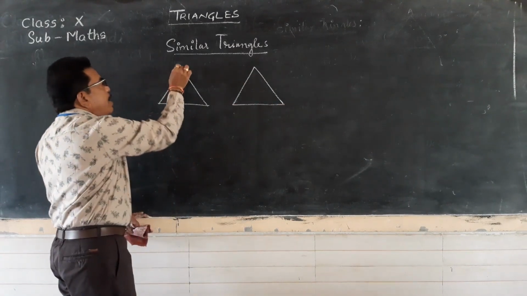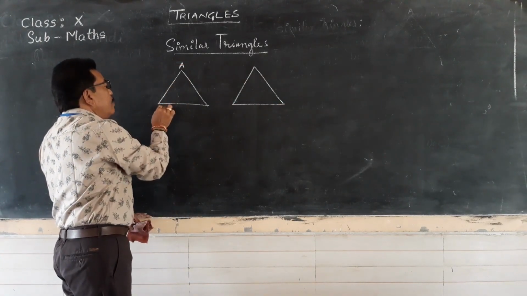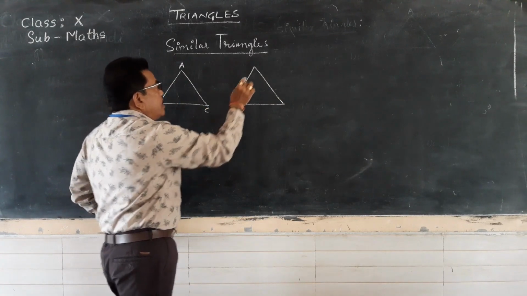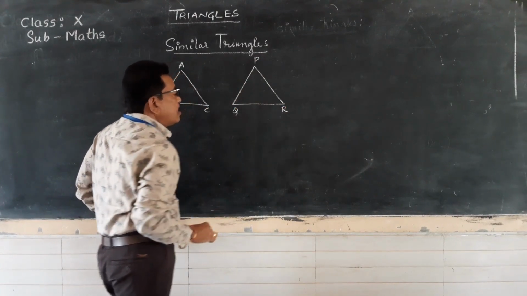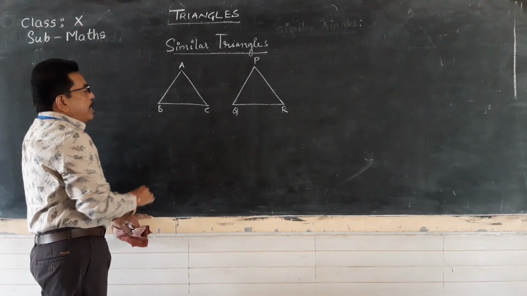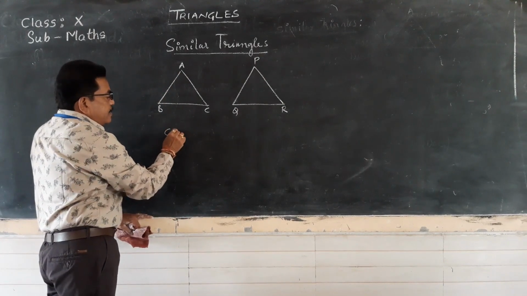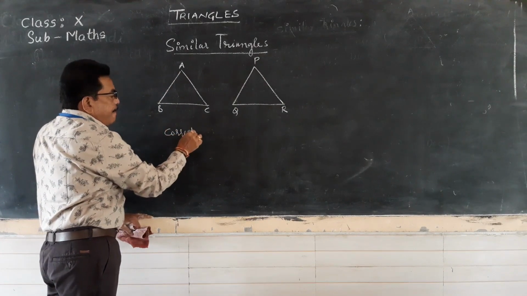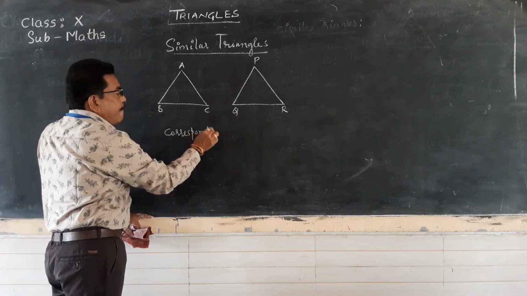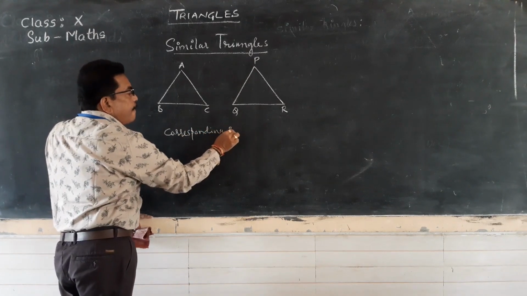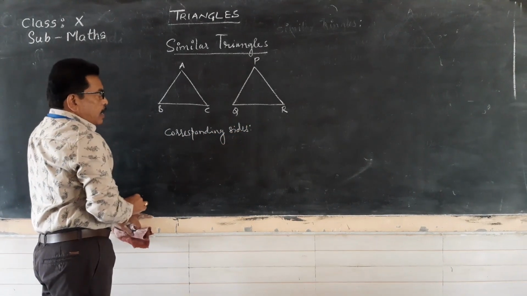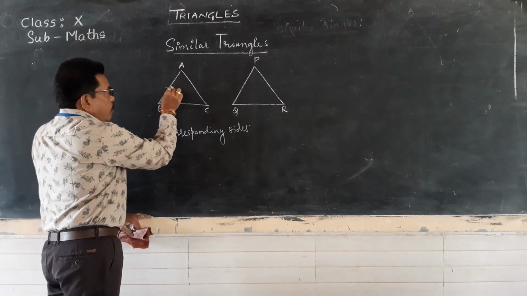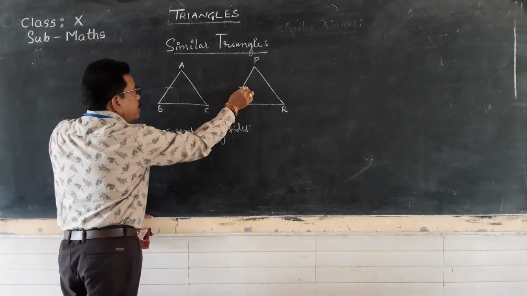Let us name this one A, B, C, and this triangle P, Q, R. Now let us write corresponding sides. Let us mark one mark for this side, one mark for this side.